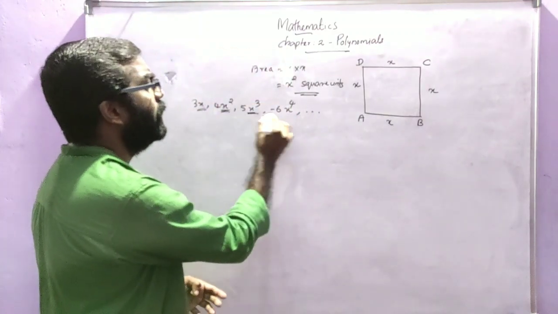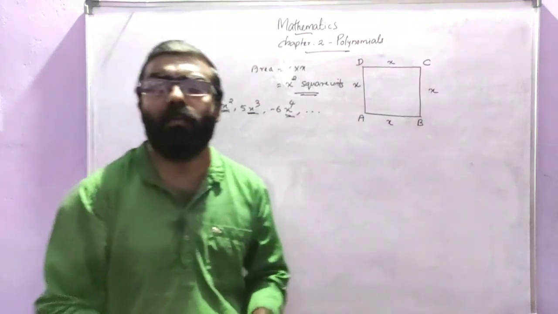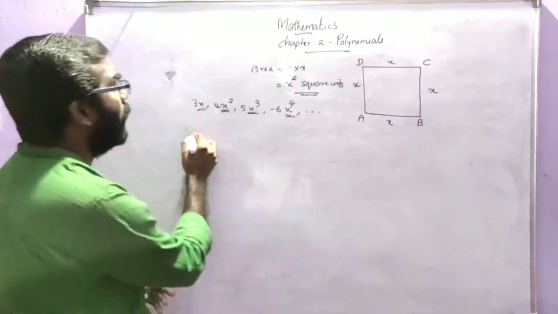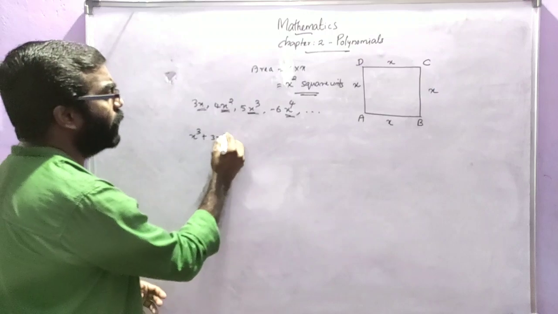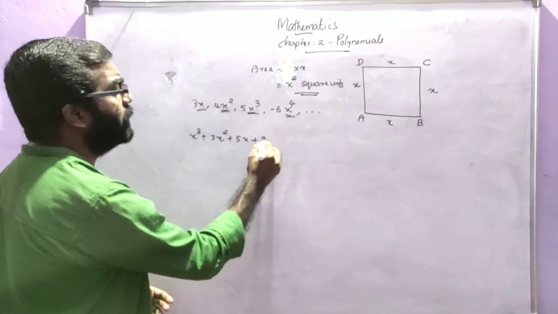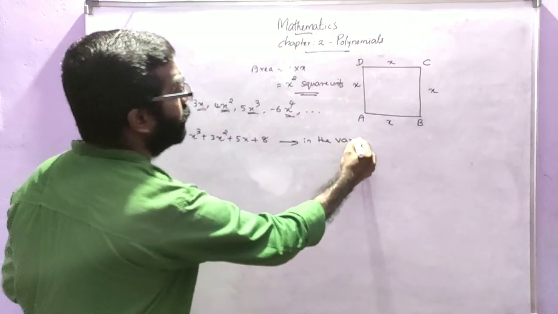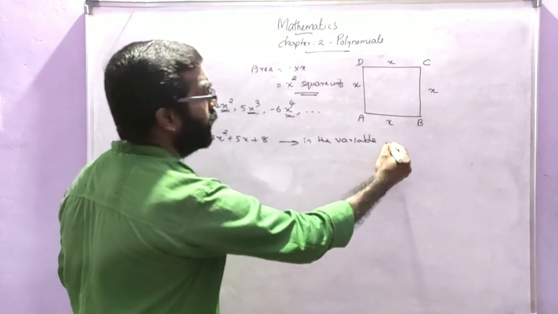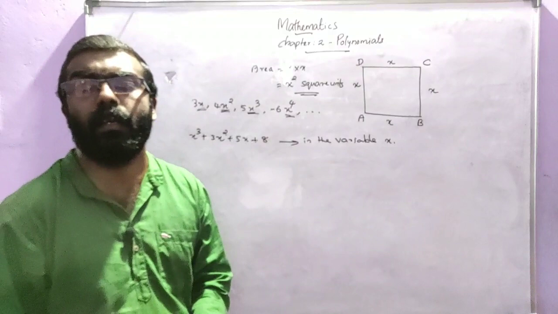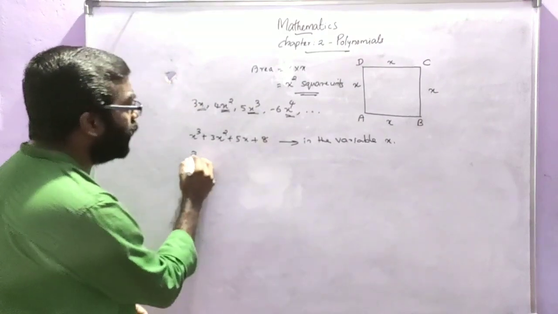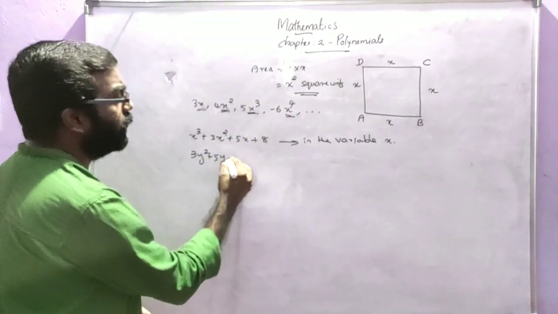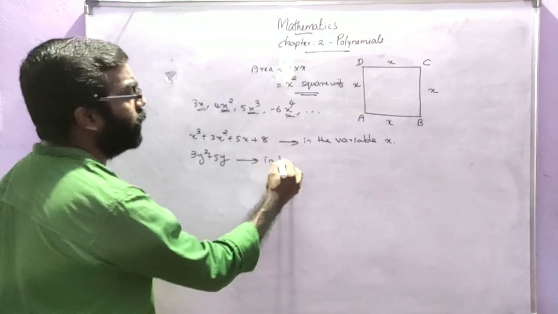For instance, x cube plus 3x square plus 5x plus 8 is a polynomial in the variable x. Clear? And 3y square plus 5y is a polynomial in the variable y.